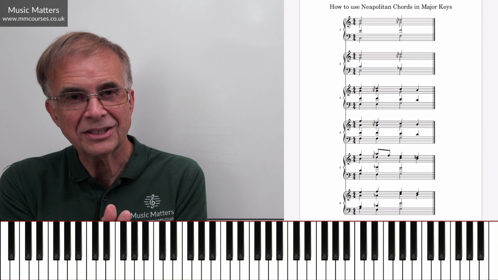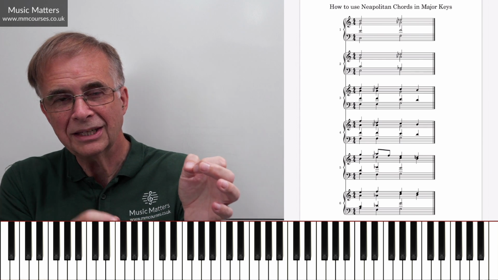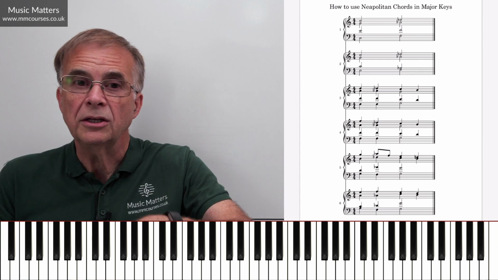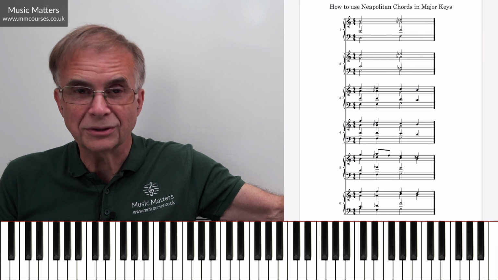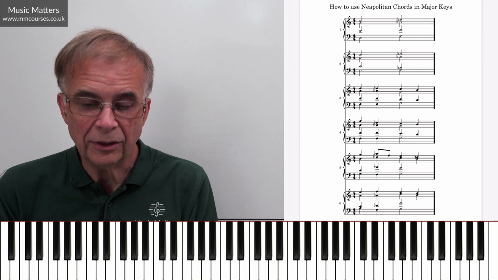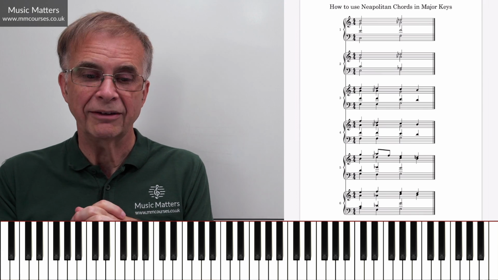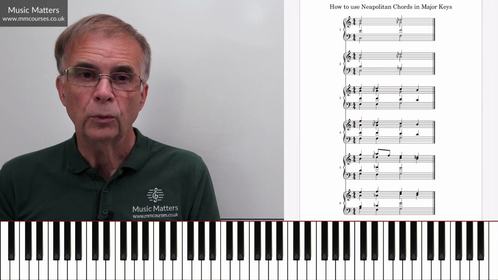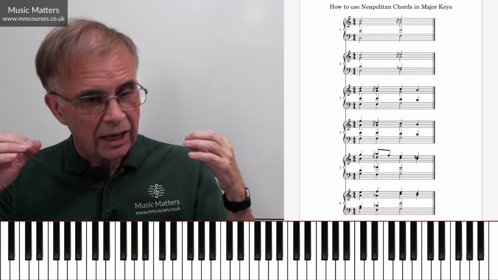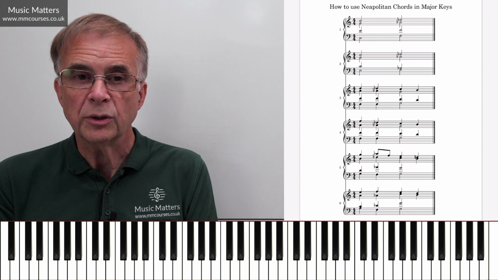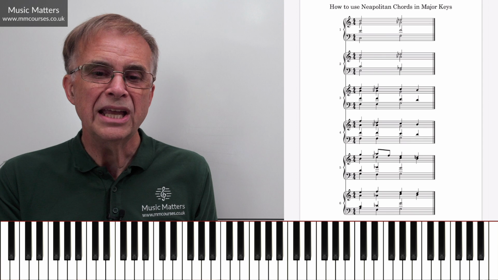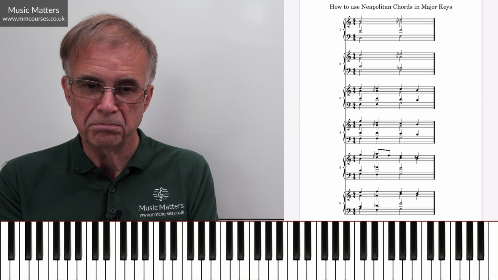And if you fix it by coming out of the Neapolitan to the resolution, that you then don't generate fifths and octaves from the approach chord. So it comes with a kind of musical health warning, if you like, that we have to be particularly careful with these consecutives. So I hope this video helps to explain how to use Neapolitan chords in major keys.